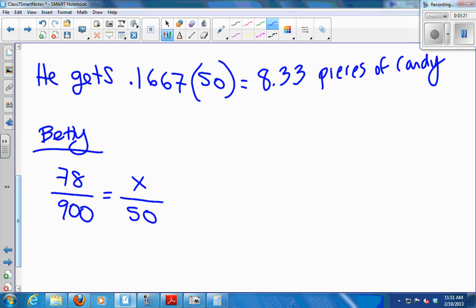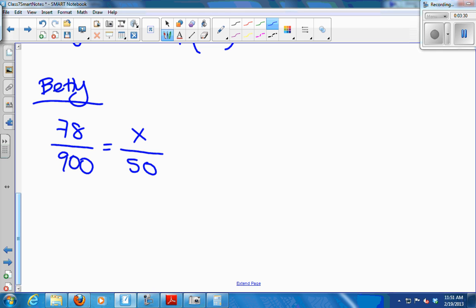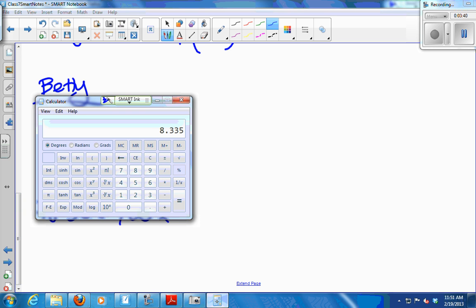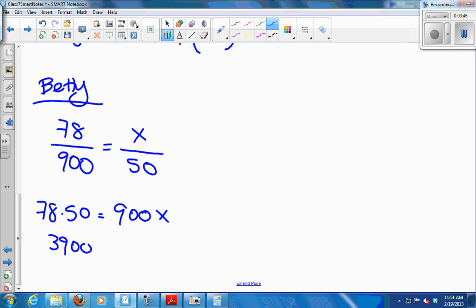So then you can set up this proportion. Part to whole for minutes worked should equal part to whole for candy earned. So then to solve a proportion like this, remember you cross multiply. So you do 78 times 50 equals 900 times x. So 3,900 equals 900x.